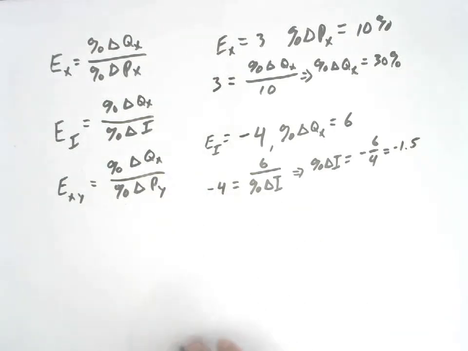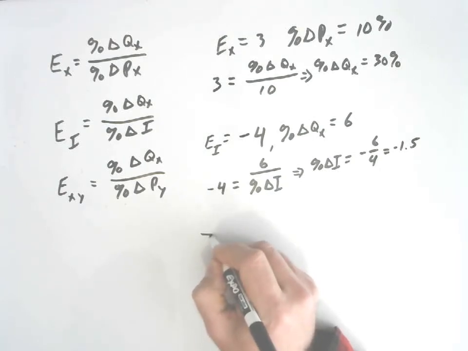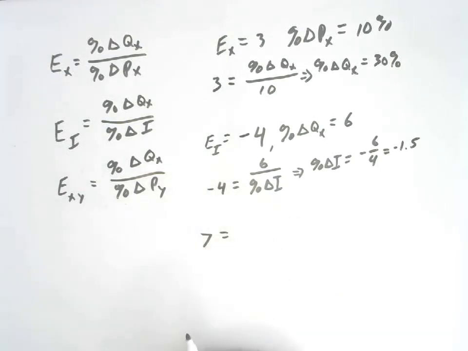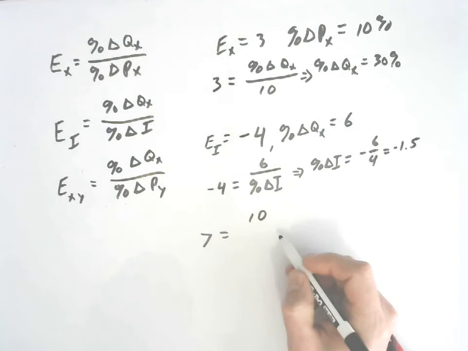Just to do one more, let's take cross price elasticity. Let's say I have a cross price elasticity value of 7, and let's say we have a percentage change in the demand for good X of 10%.